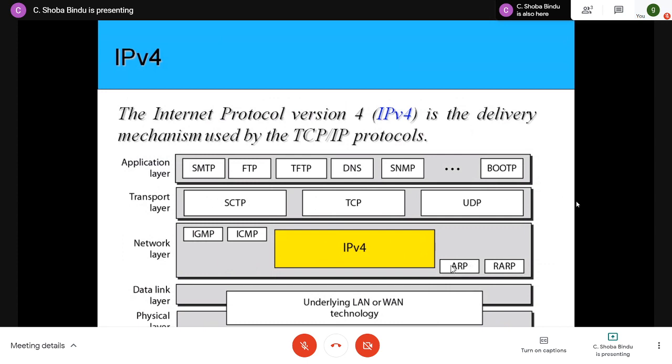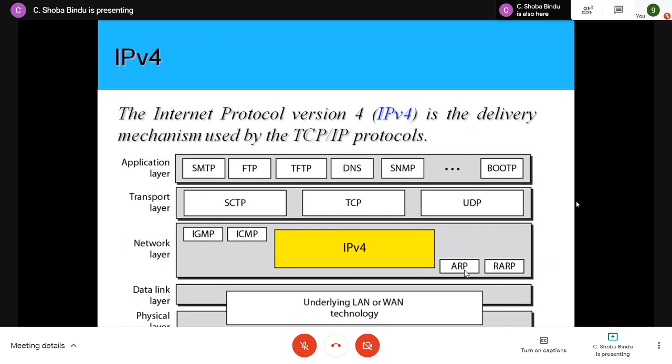This ARP protocol is the address resolution protocol, which is used to map the IP addresses into the physical addresses. Later we'll see what is the use of this. And so these are the other protocols here.